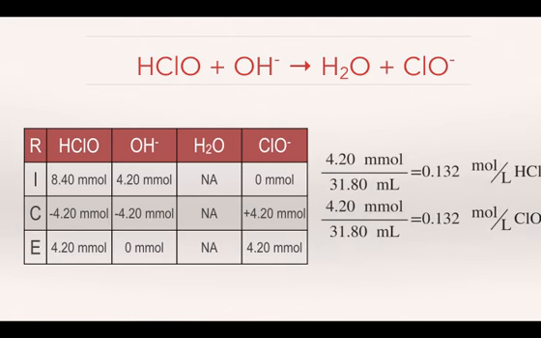Again, we have to readjust for our concentrations. So we now divide by our total volume of 15 milliliters of acid, as well as our 16.8 milliliters of base. Our concentrations of the hypochlorite ion and the hypochlorous acid are equal.